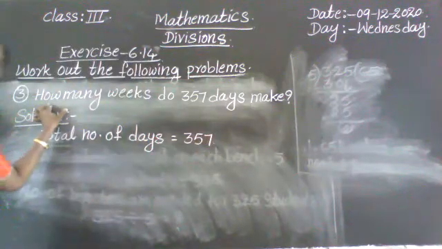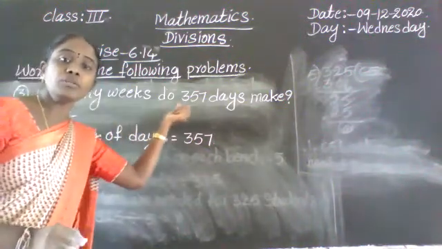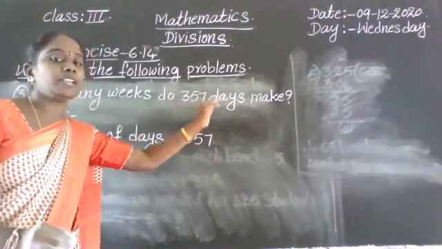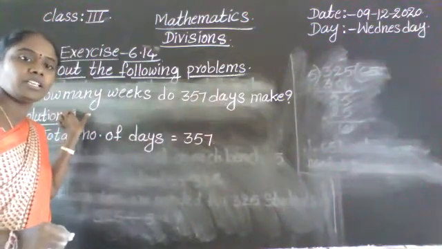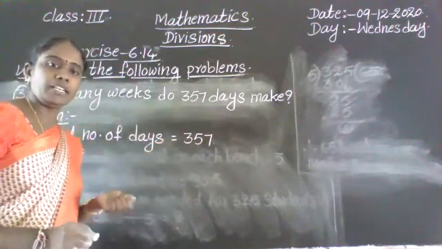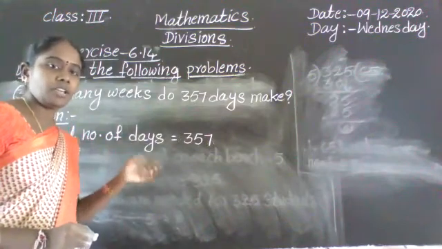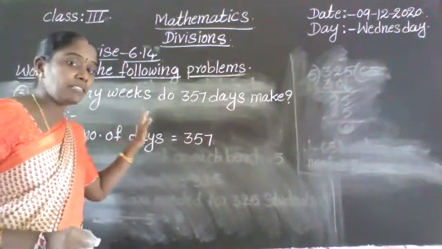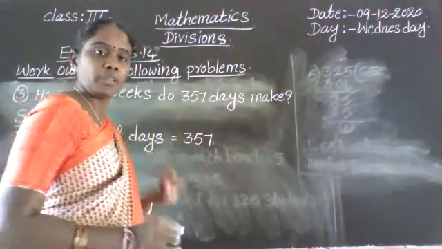Here, what is the question? How many weeks do 357 days make? The number of weeks. How can we find out? With division. But first, 1 week equals how many days? Do you know, children?